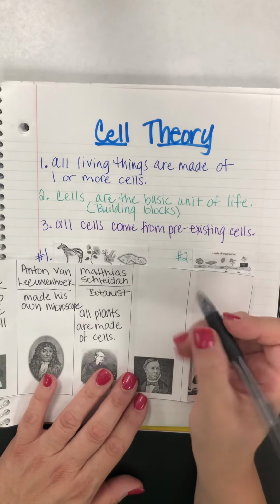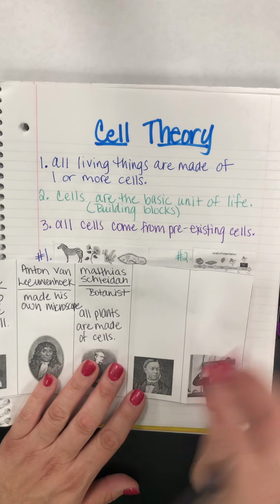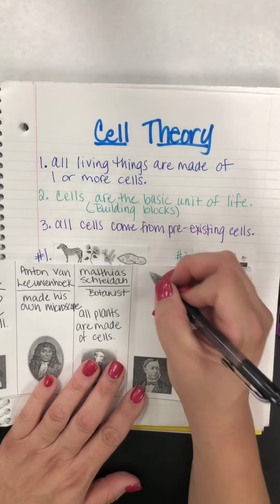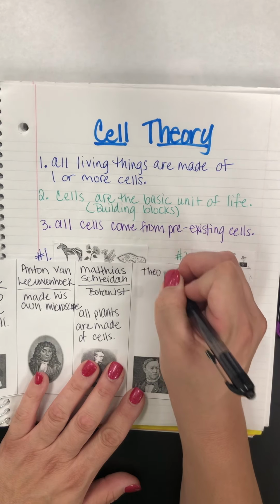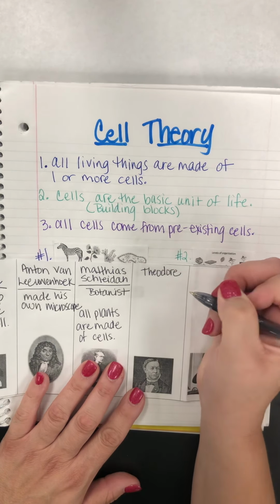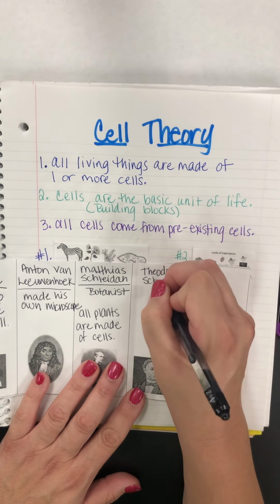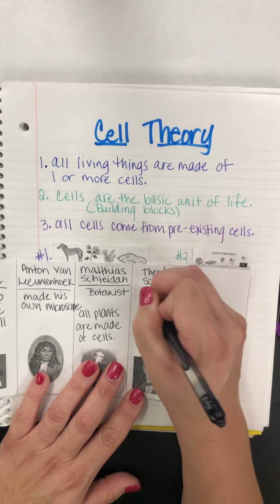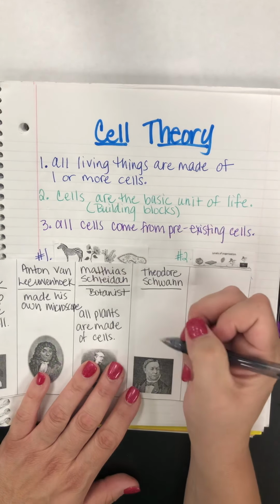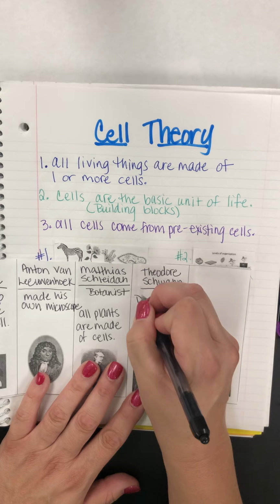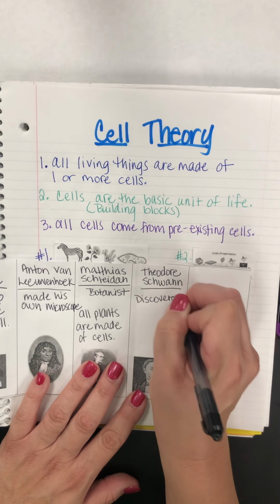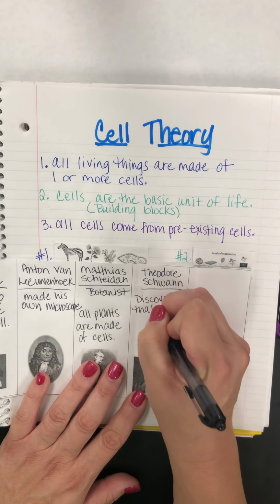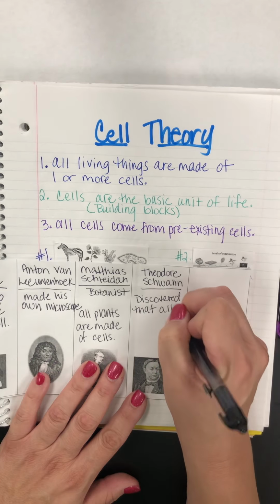Okay, moving on. The next scientist that we learned about was Theodor Schwann. Okay, again, another scientist, and he discovered that all animals are made of cells.